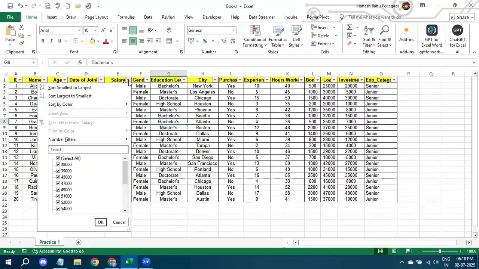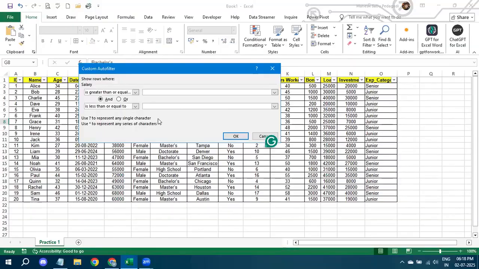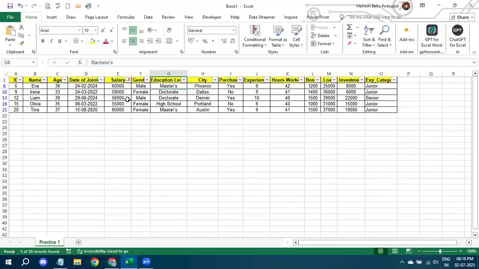When you scroll down this filter option, under number filtering, you will have different options. Were you able to see this? If I say between 55,000 and 60,000, how many people are there? Out of which, how many males are there and how many females are there?